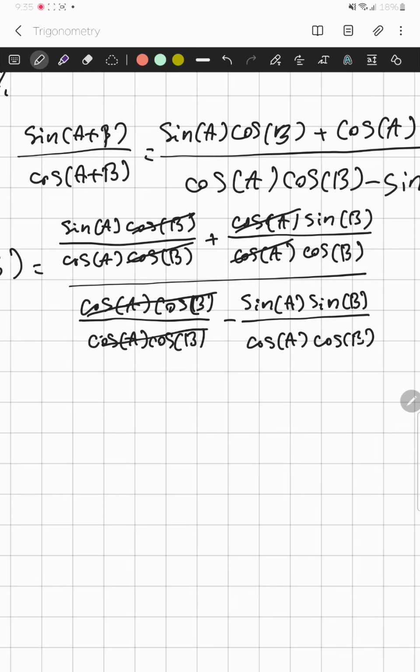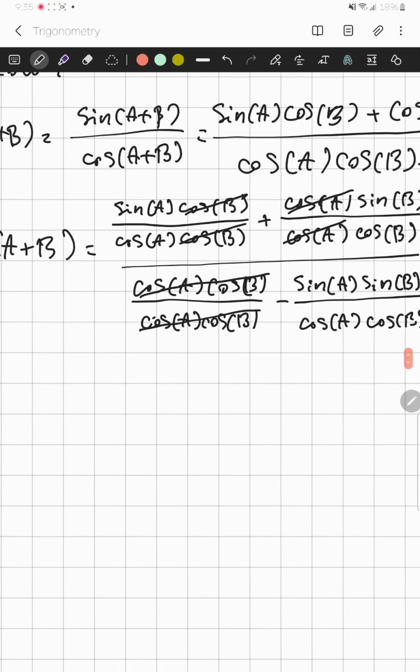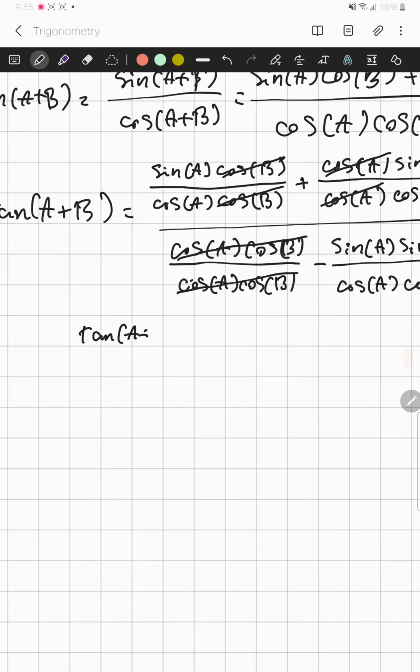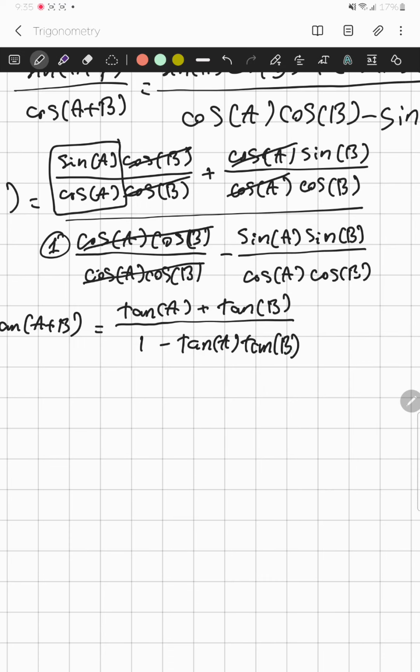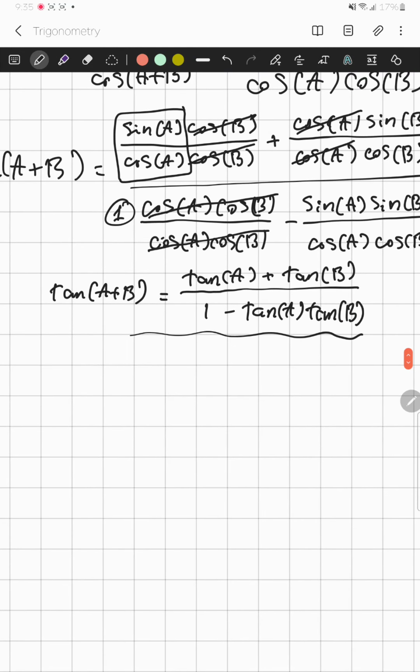Here we have tan of a plus b, and sine a over cosine a equals tan a, plus tan b, all divided by 1 minus tan a tan b. So we have proved this formula.